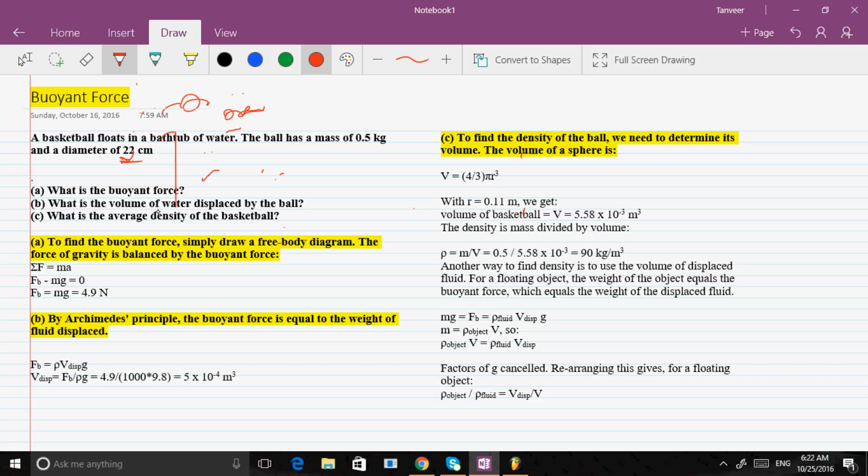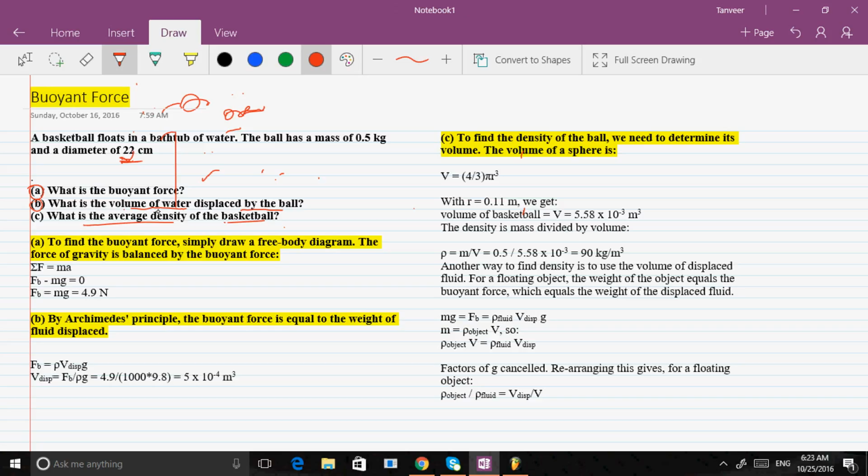Now we have three small questions. What is the buoyant force? What is the volume of water displaced by the ball? And what is the average density of the basketball? Let's discuss these three one by one.